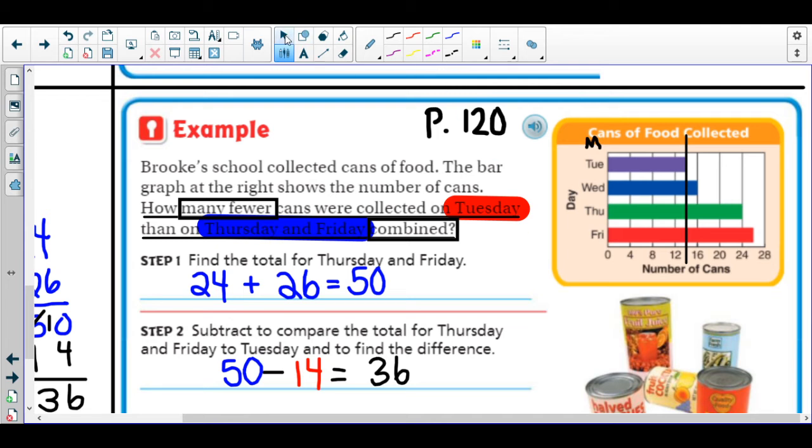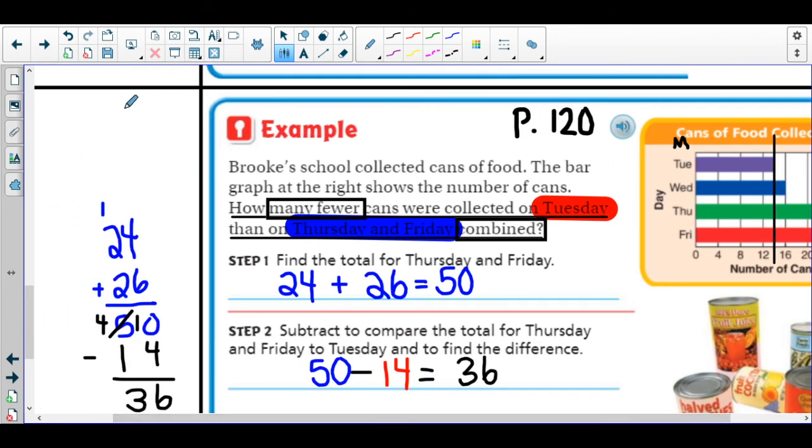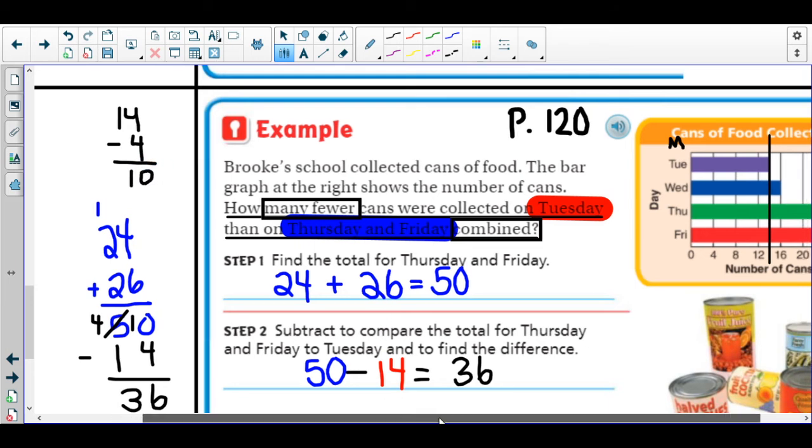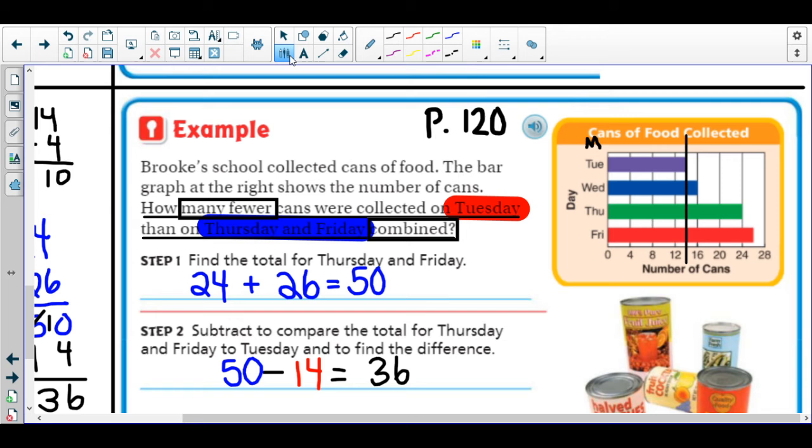So we know that on Tuesday, 14 were collected. And then 4 fewer would mean that we have 10. All right, we would have 10. If we were going to make a bar graph here for Monday, it might look something like that right there.